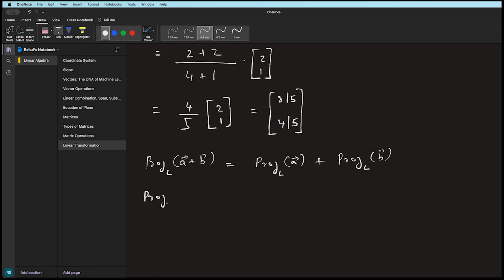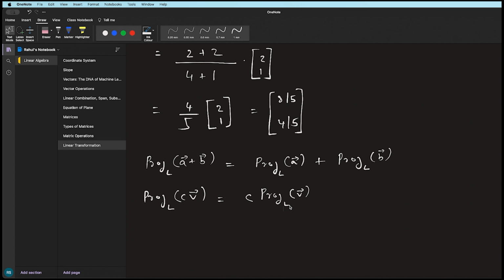Similarly, I can write the projection of the scalar multiple of a vector on L as equal to c, the scalar taken out, into the projection of vector v on L.